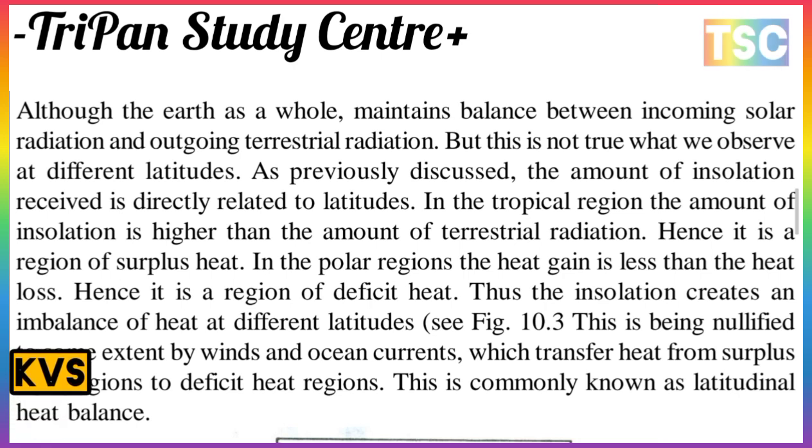In the polar regions, the heat gain is less than the heat loss, hence there is a deficit of heat. Thus insolation creates an imbalance of heat at different latitudes. This is nullified to some extent by winds and ocean currents, which transfer heat from surplus regions to deficit regions. This is commonly known as the latitudinal heat balance.